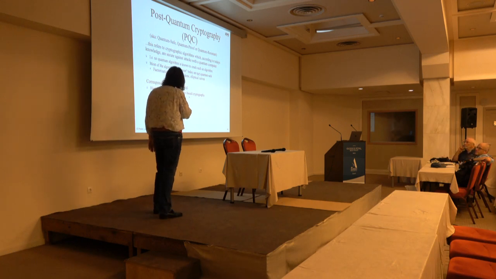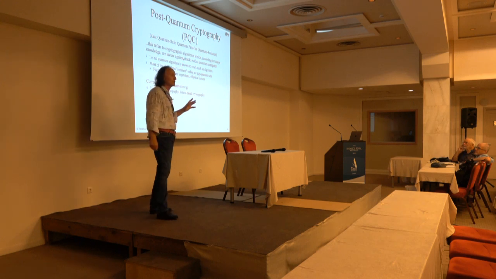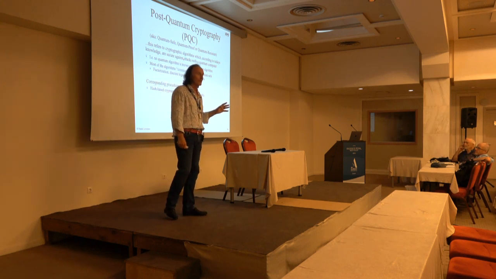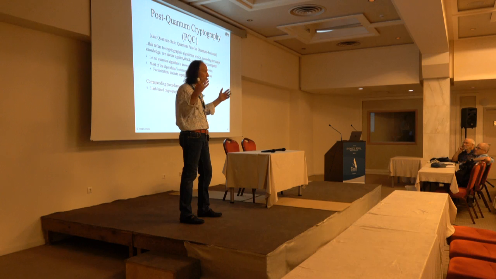So that basically means we need something that we call post-quantum cryptography, PQC, sometimes called quantum safe, quantum proof, quantum resistant. It refers to cryptographic algorithms like Dilithium and Kyber, which, according to today's knowledge, are secure against attacks with a quantum computer. Right? Well, there's no miracle happening, but the crypto specialists come together and basically say these are the best algorithms that we know. Let's standardize them.